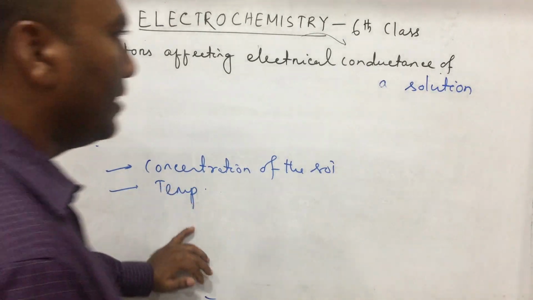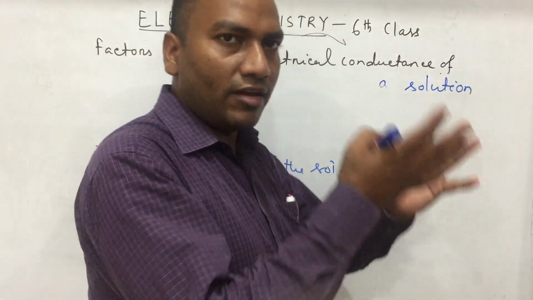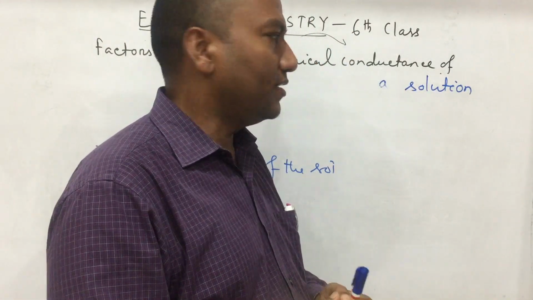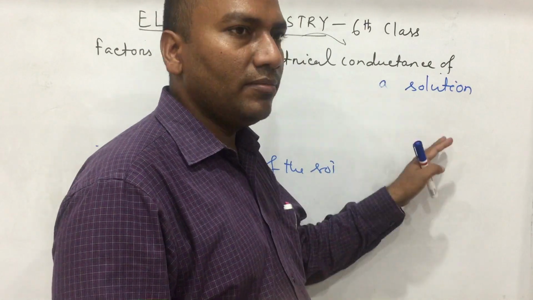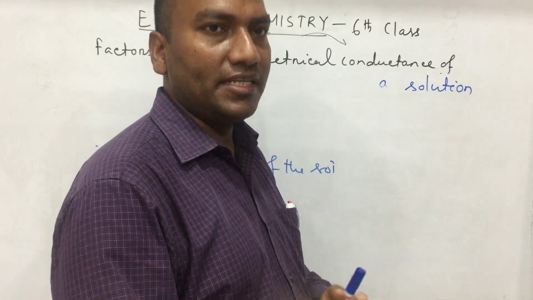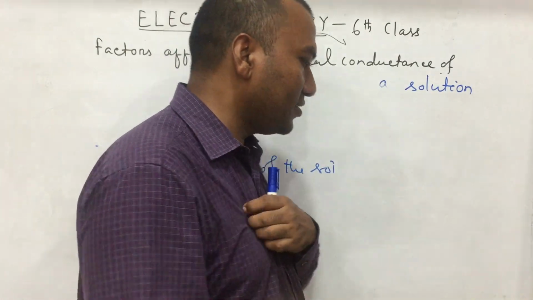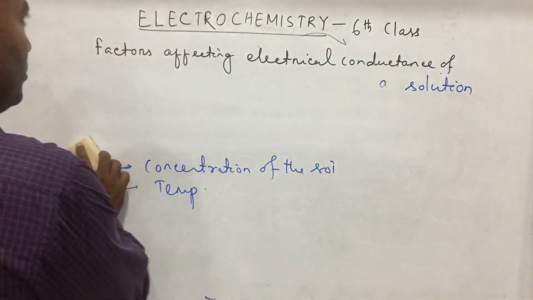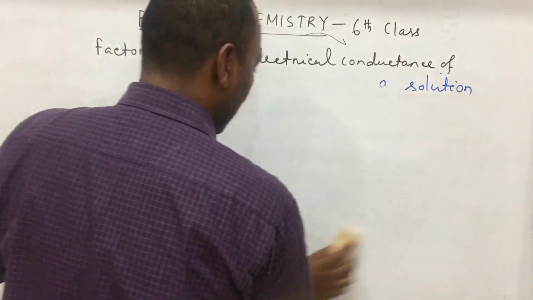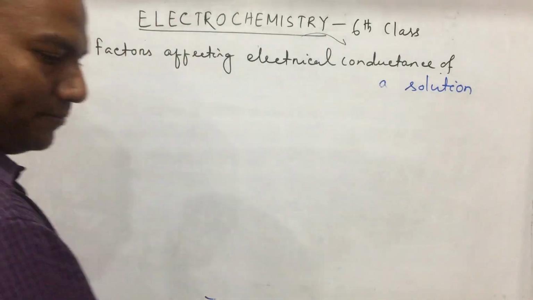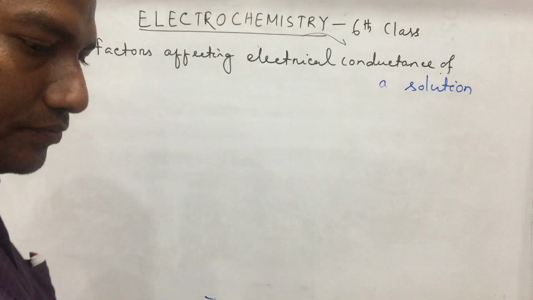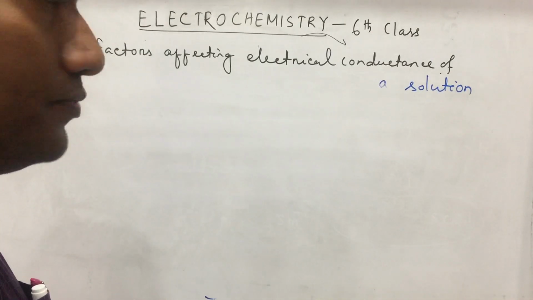When temperature increases, ionic mobility increases, hence conductivity or conductance increases. Clear now? So these are the five factors which affect the electrical conductance of a solution. Clear now? Okay.